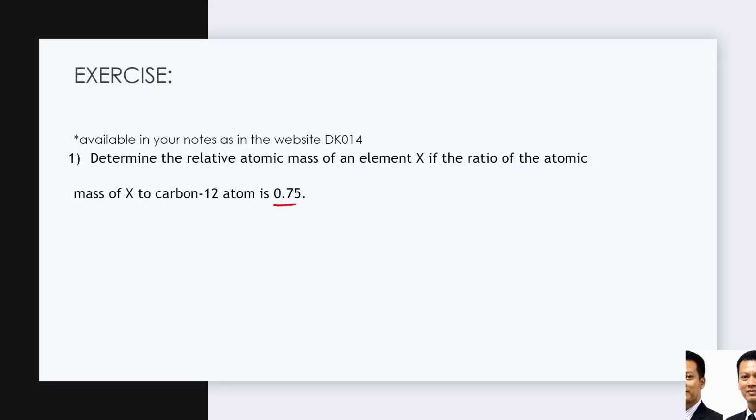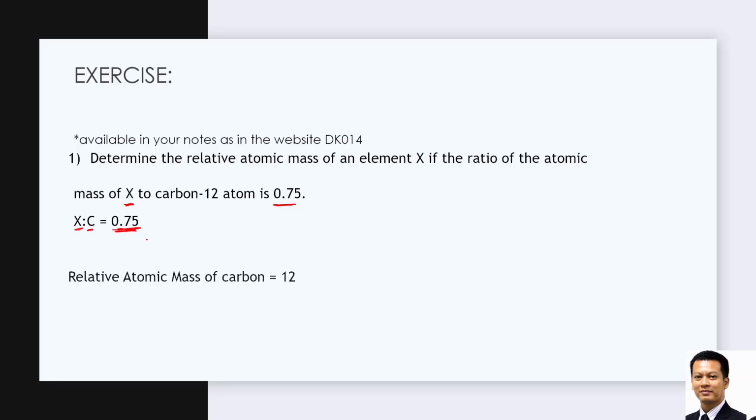Determine the relative atomic mass of an element X if the ratio of the atomic mass of X to carbon 12 is 0.75. So it means that X is 0.75 of carbon 12, so you need to know the mass of carbon 12. This is the ratio that I write down: X compared to carbon is 0.75.